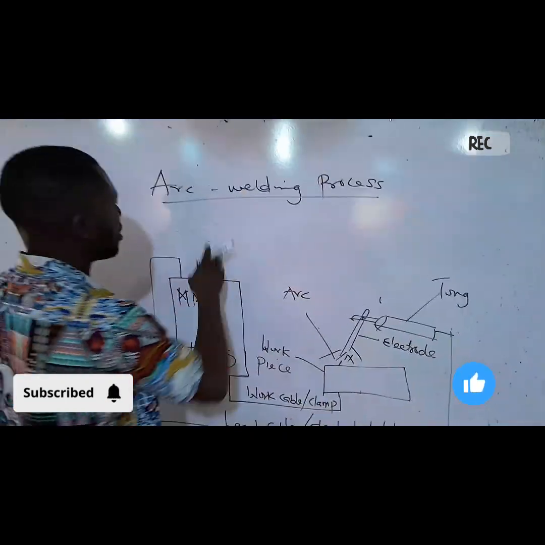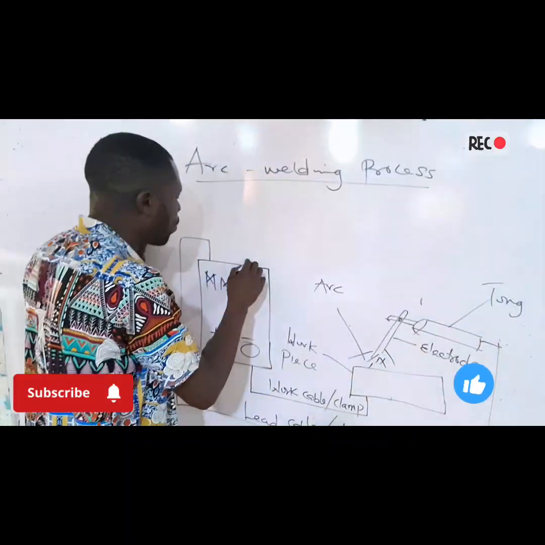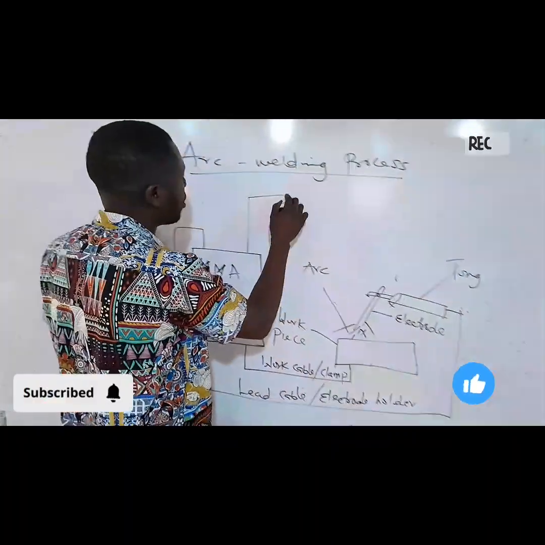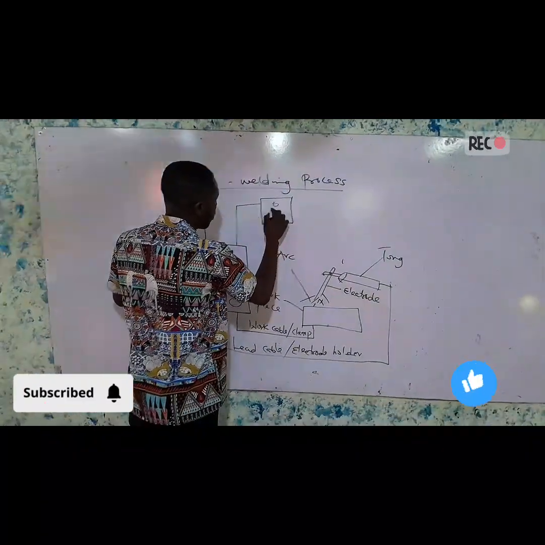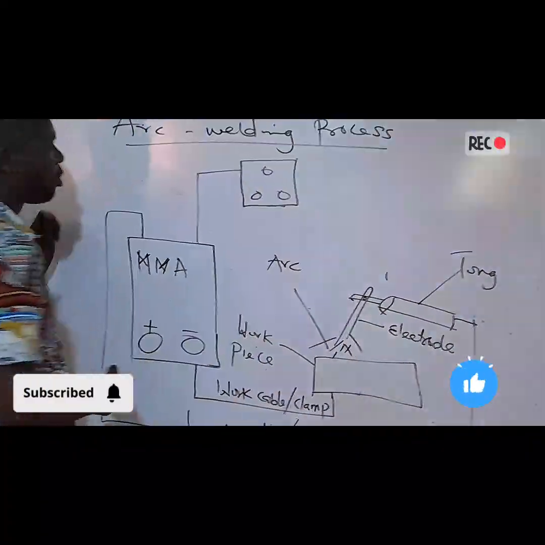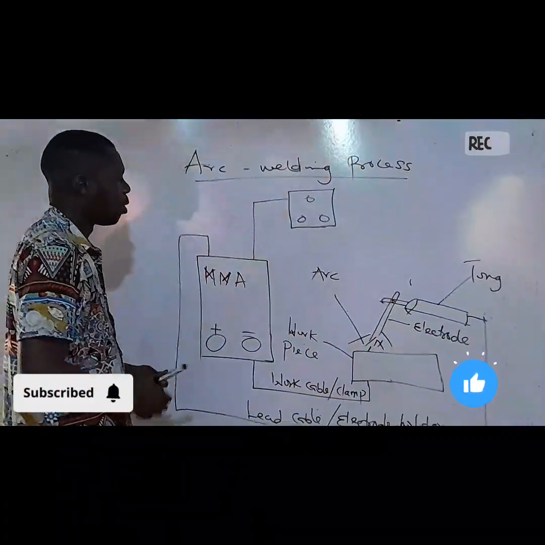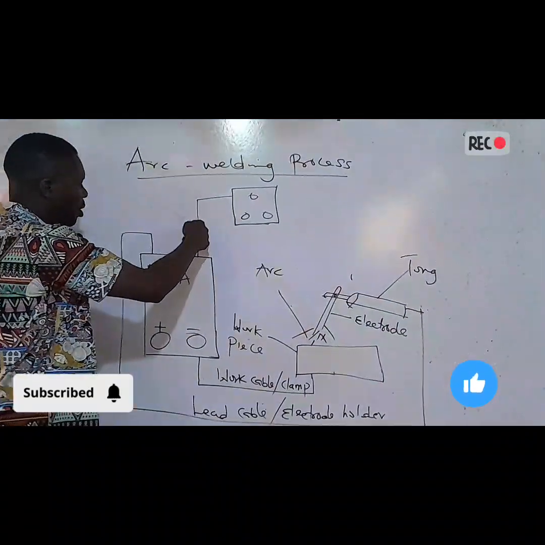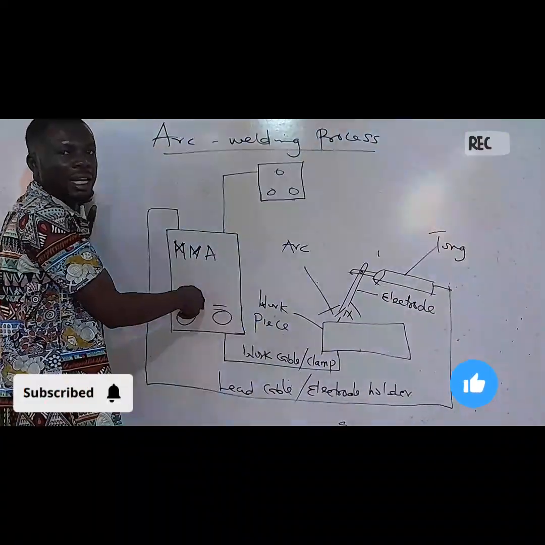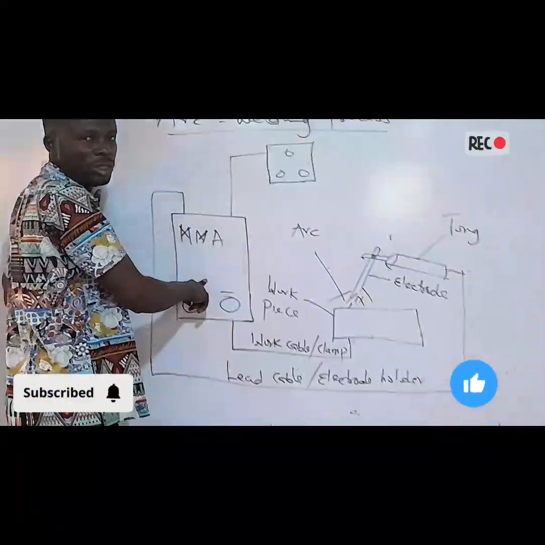But you remember that we said it is from an electric arc, so there should be a source of power to this point. You have a source of electricity to this. And so, the arc is formed when this source of electricity supplies electricity to this manual metal arc welding machine.